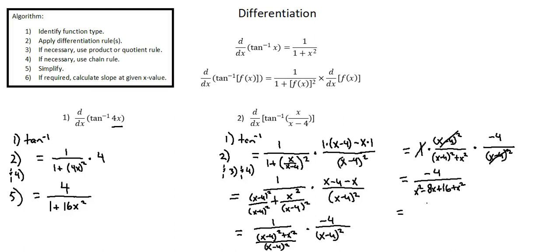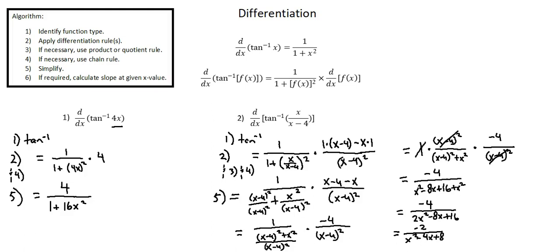And now we will simplify to negative 4 over x squared plus x squared is 2x squared minus 8x plus 16. We'll factor out a 2 to get to negative 2 over x squared minus 4x plus 8.